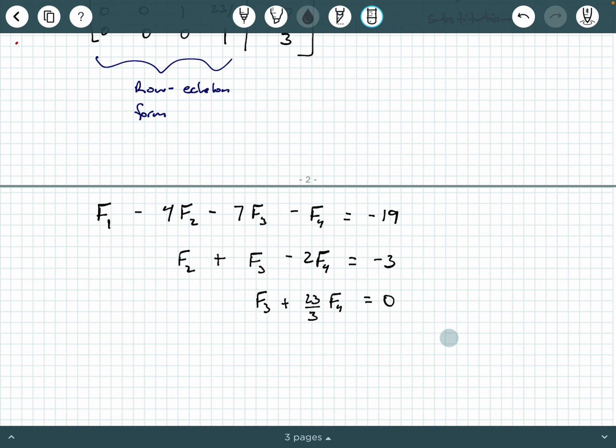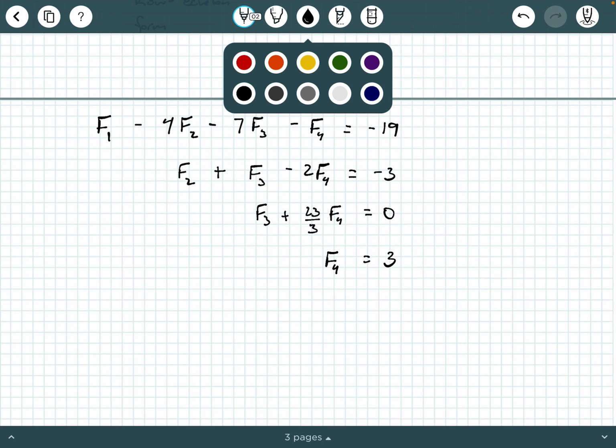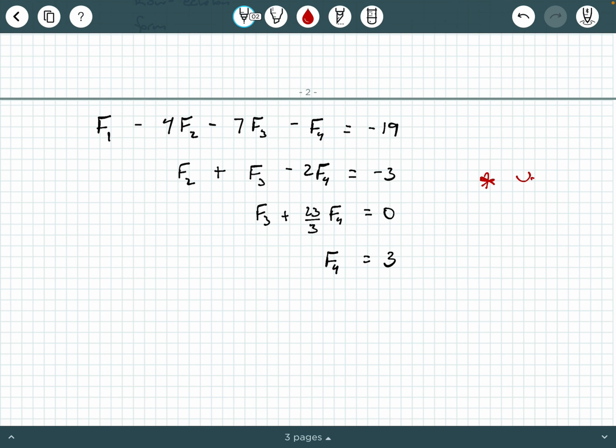And then we actually directly have f4 equals 3 here, okay? So now this is back in equation form. We use the variables given. You will lose points if you change variables on me, okay? So we have f4 equals 3.